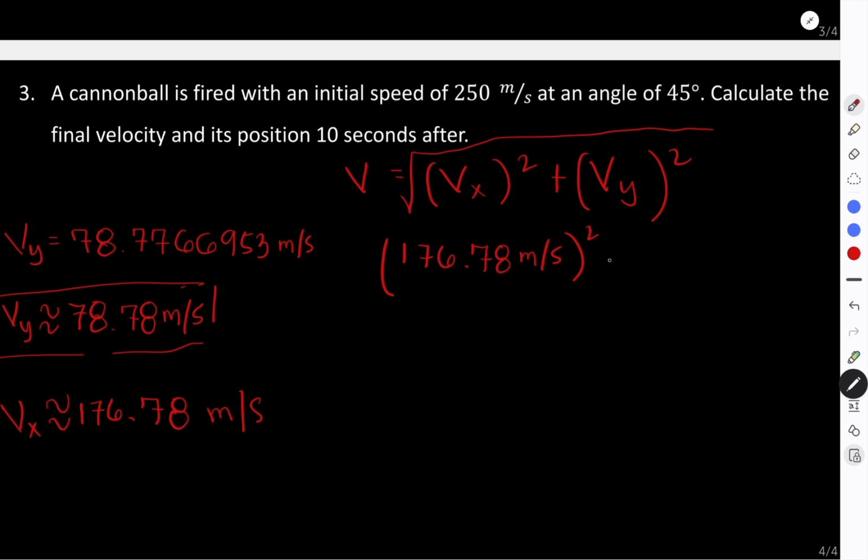And then the final velocity in y is 78.78 meter per second. So please bear with me.